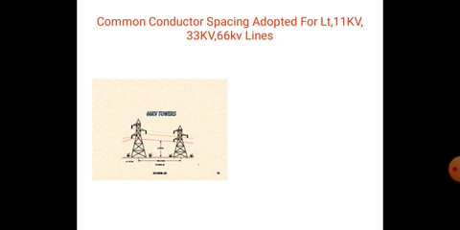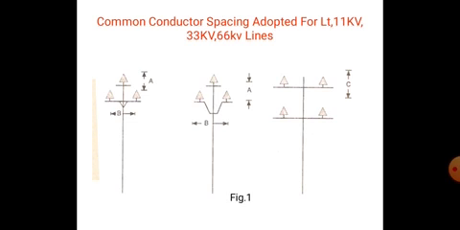Here is the common conductor spacing adopted for 11 kV, 33 kV and 66 kV lines. Here the spacing between the insulator to insulator is A, B is the spacing between the conductor to conductor, and C is for an HT line up to 66 kV.